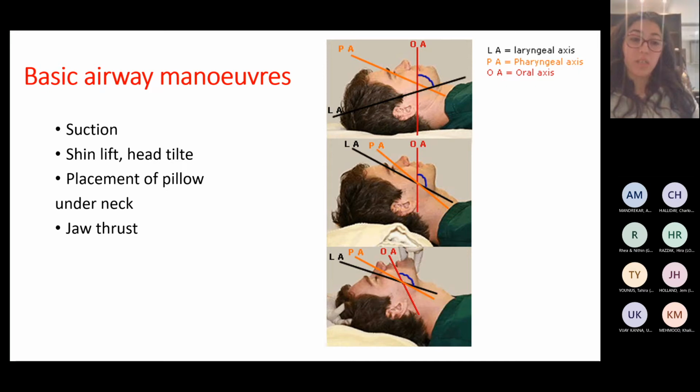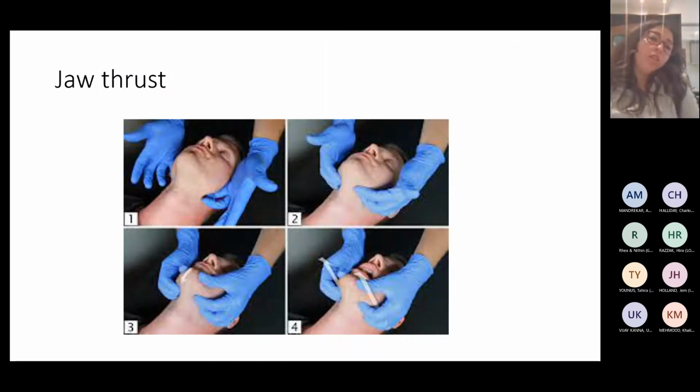And here comes the jaw thrust, which is a safer maneuver if your patient's neck is immobilized or there is any issue with their neck. So how do you perform the jaw thrust? The technique is simple. You just use your hands. With your little finger, you put it just behind the angle of the mandible.